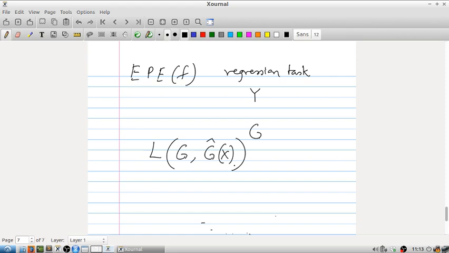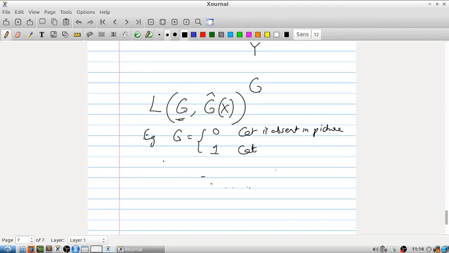And to define this loss, if you remember, G only takes two values, let's say 0 and 1. Let's say 1 corresponds to cat being present and 0 to cat being absent in a picture or something. Let's say the input is a picture which is two-dimensional.